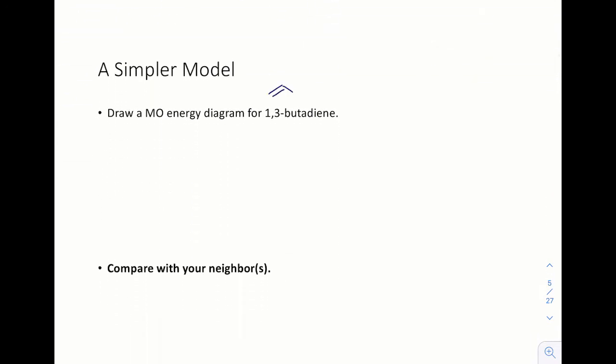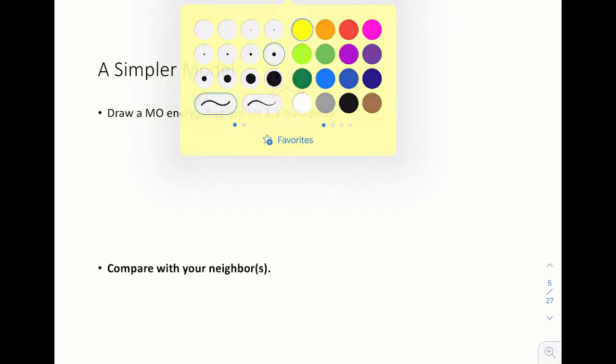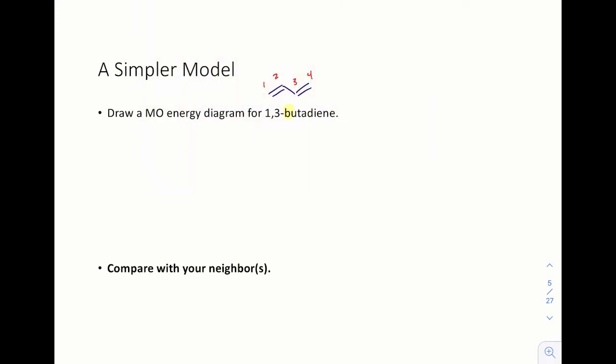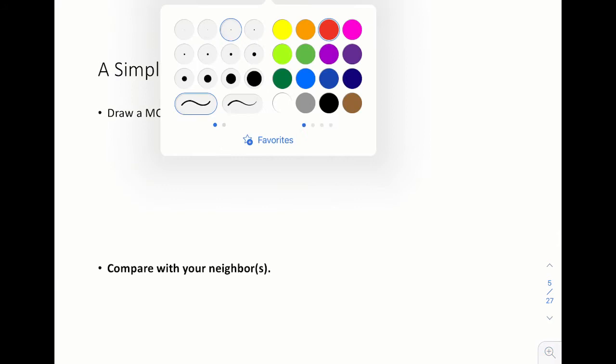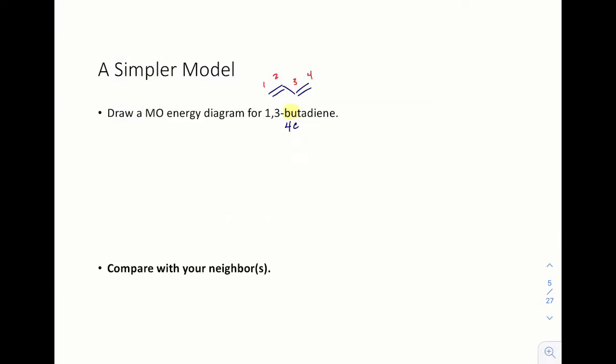Let's use 1,3-butadiene. As you recall from Organic Chemistry 1, but means 4 carbons. Ene means alkene. Di refers to the fact that there are 2 alkenes, 2 double bonds in this molecule. And finally, the 1,3 tells us the placement of the 2 double bonds.